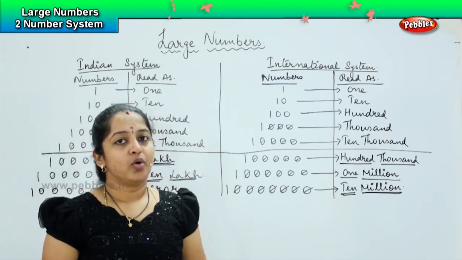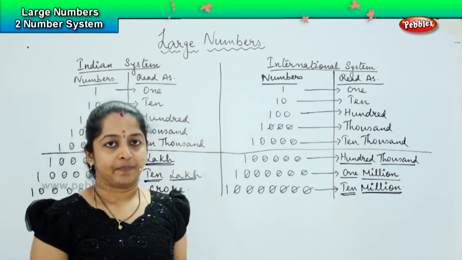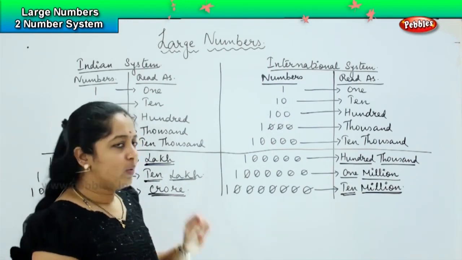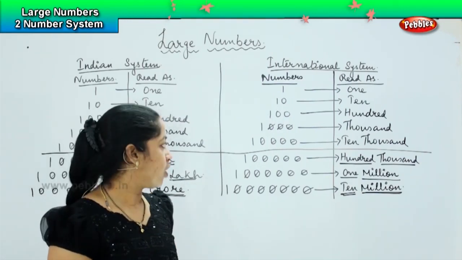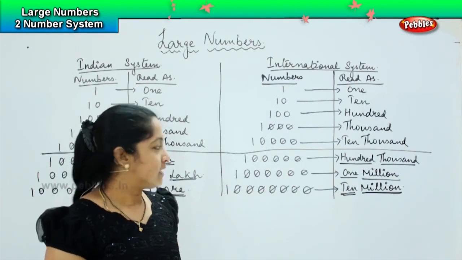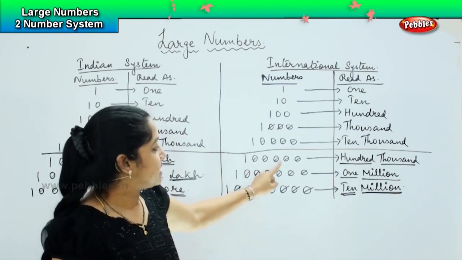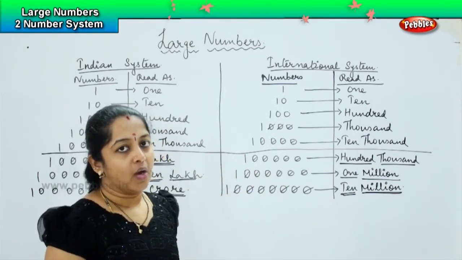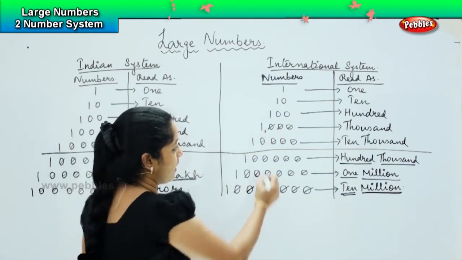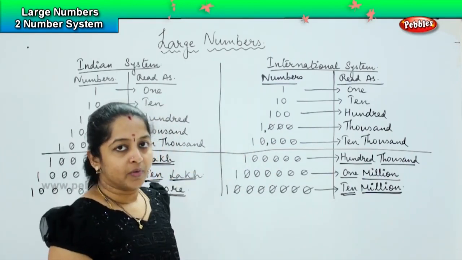Now, there is one more difference between the Indian system and the international system, and that is in terms of commas. Okay. Why do we have to put commas, children? Because when I write just like this, it is very clumsy. I don't understand. When I see it like that, I literally have to count how many zeros are there, right? Now, if the same thing is separated with a comma, it will make me understand the number better, right?